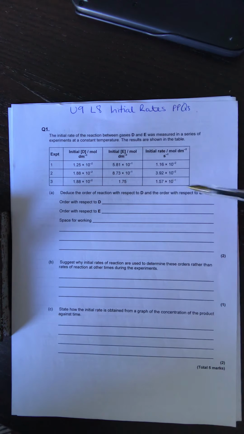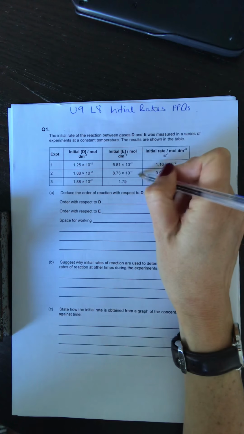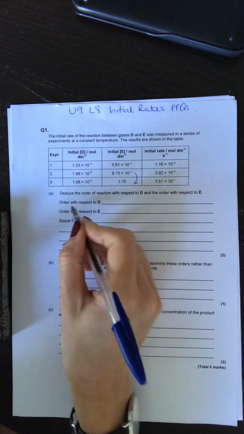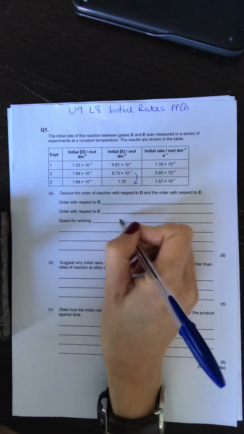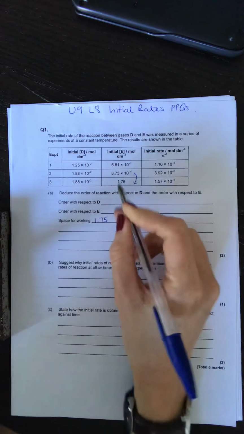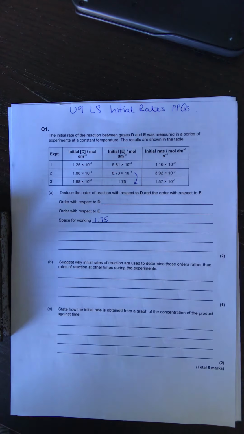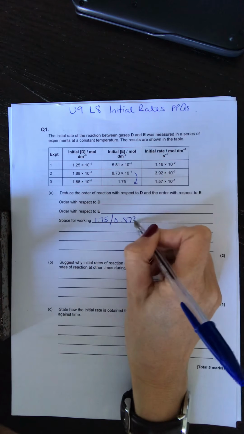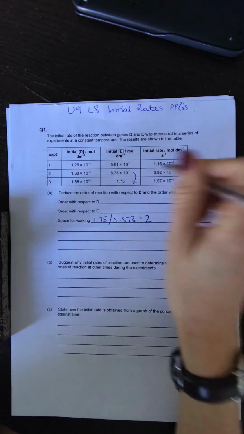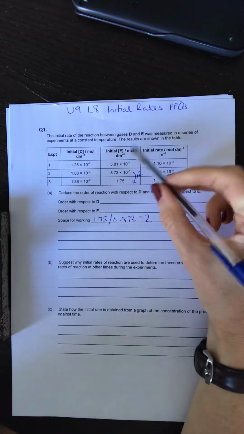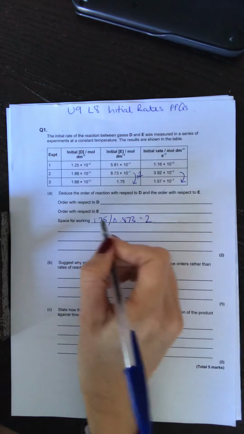So order with respect to E, if we see how much that's gone up by. So if we say what we're doing here, order with respect to E, so you can say 1.75 divided by 0.873 equals 2. So that is times 2, and then that to that, so the initial rate for experiments 2 to 3.